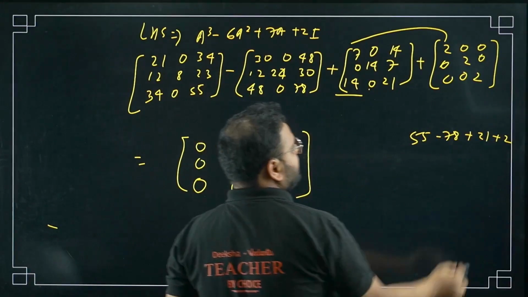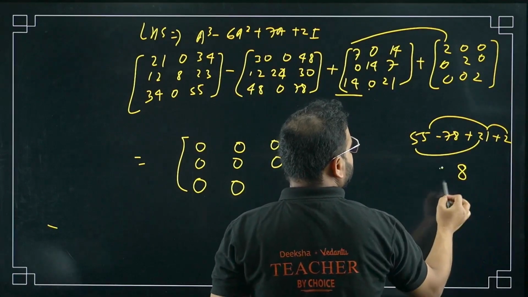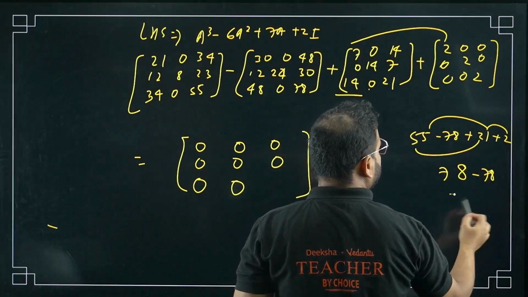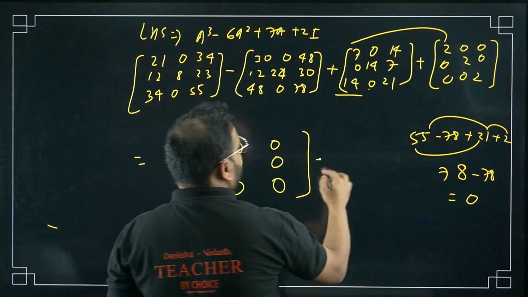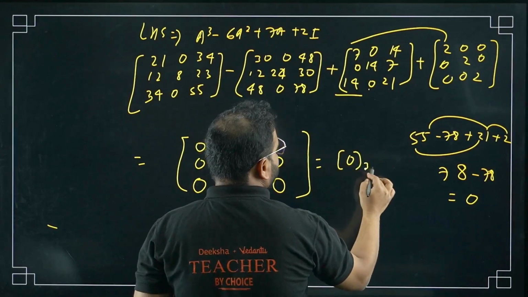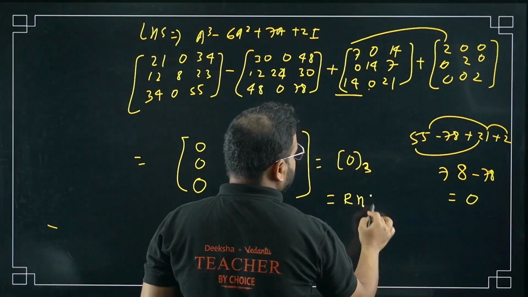Let's add all the positive together: 2 plus 1 is 3, plus 5 is 8, 2 plus 5 is 7. 78 minus 78, what is the answer? Again 0. So I'm getting this as simply the 0 matrix of order 3, which is nothing but my RHS.